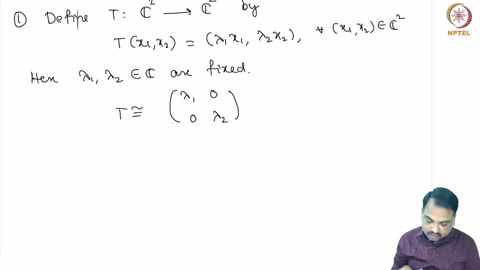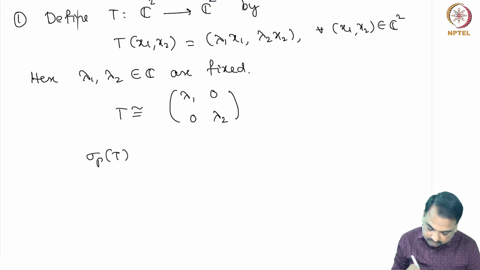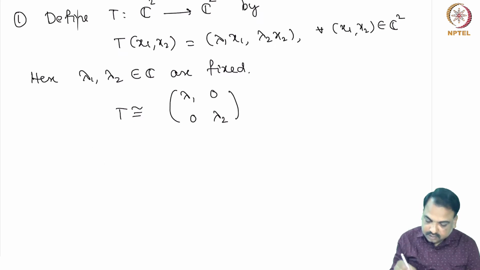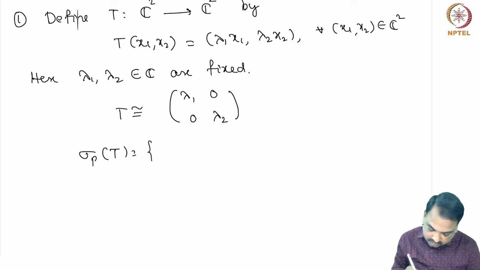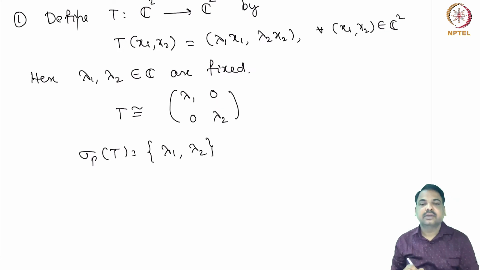Now we know that the set of all eigenvalues here is {lambda 1, lambda 2}. So we can show that the point spectrum, the set of all eigenvalues, is exactly {lambda 1, lambda 2}.